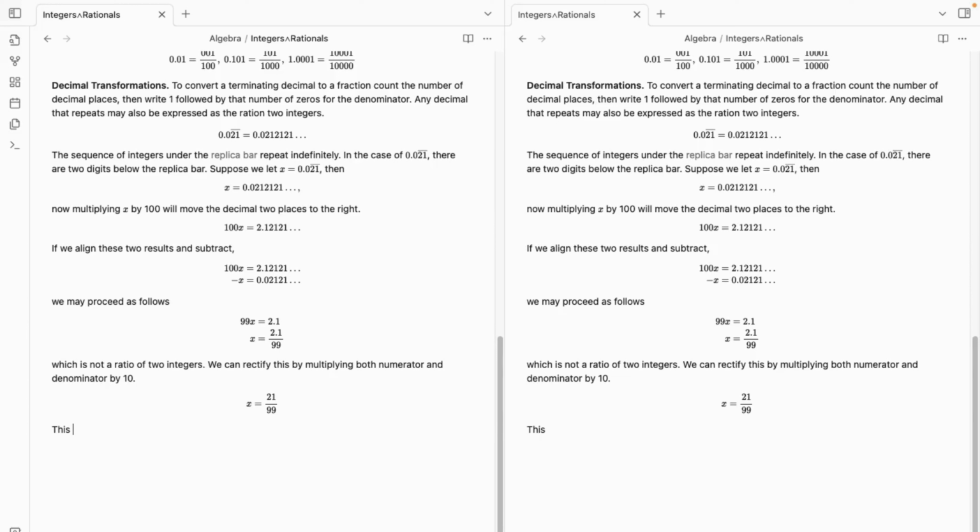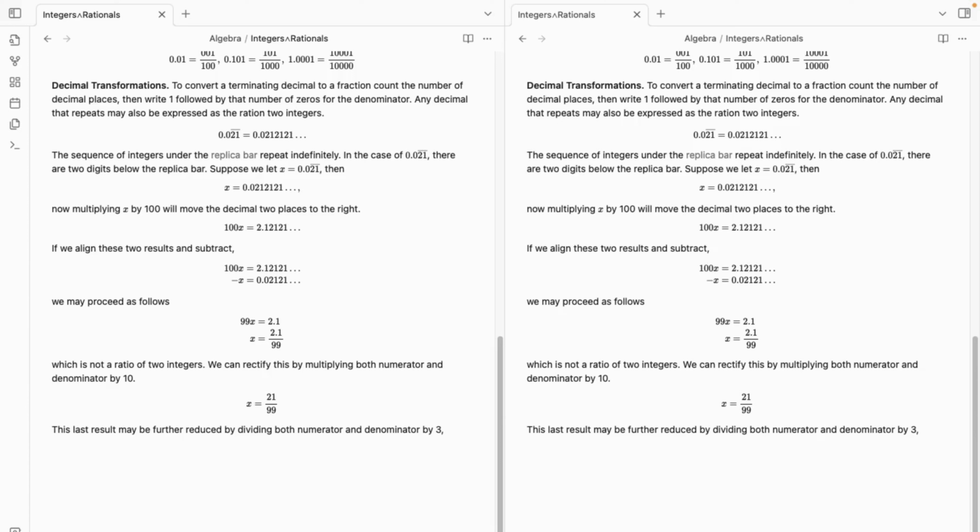And this last result may be further reduced by dividing both numerator and denominator by 3.